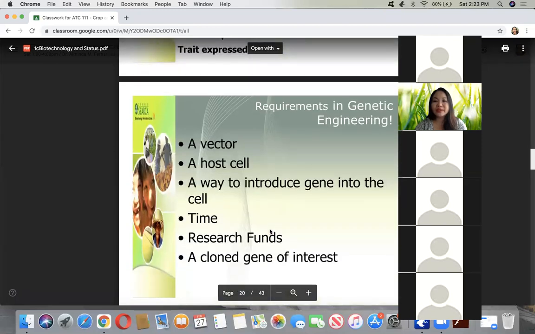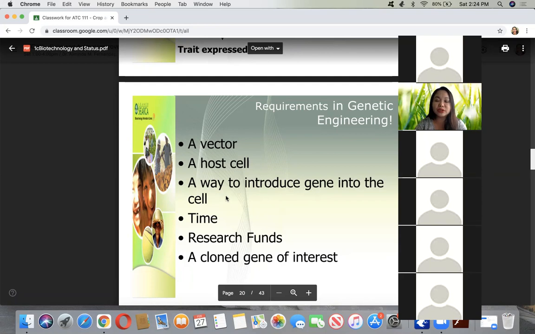So what are the requirements for this? Of course, you need a vector or the one that contains the specific required characteristic, and the host cell usually is self-dividing and fast-dividing cells. And a way to introduce the gene into the cell, it's the procedure.